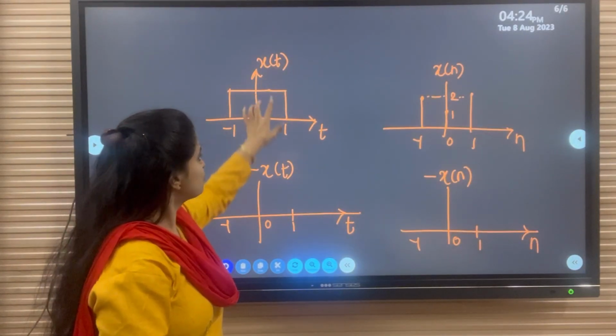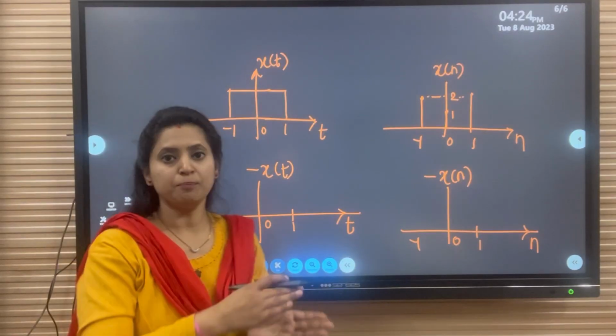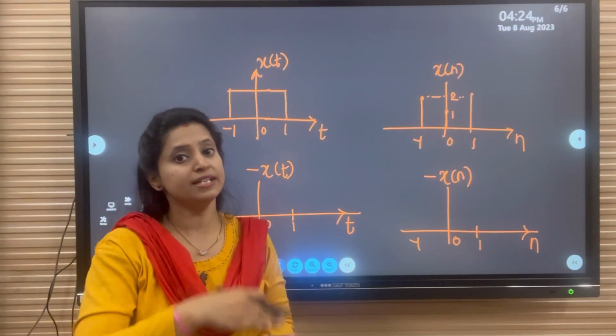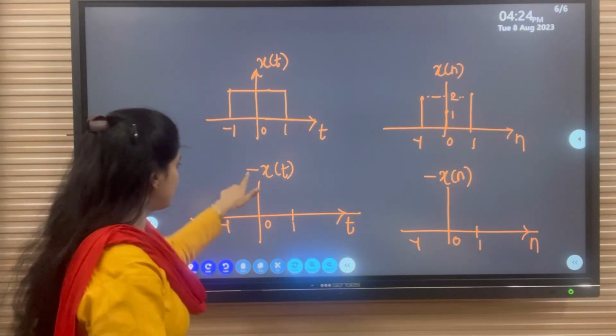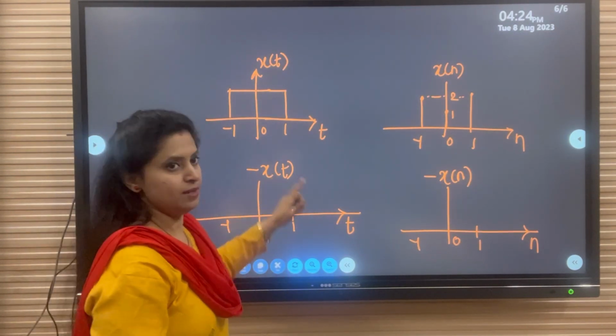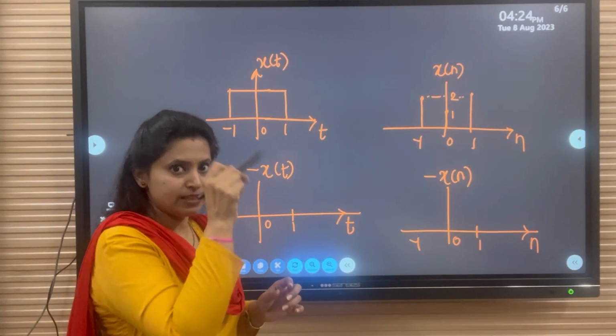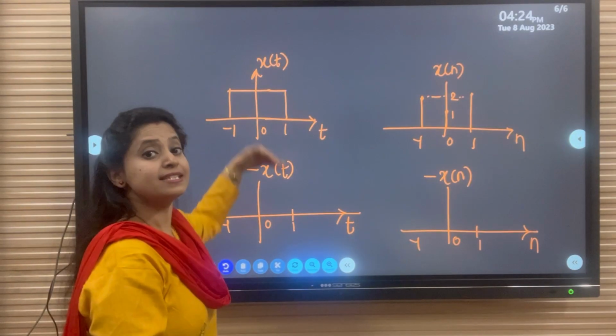Suppose the signal x of t is given like this way. If we want to perform amplitude scaling, amplitude reversal, now this can be considered as amplitude scaling. Why? Because here this can be considered as a -1 into x of t. So with the value -1, we can say that yes, the signal is scaled.